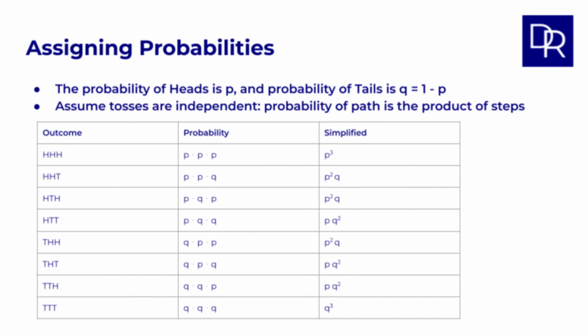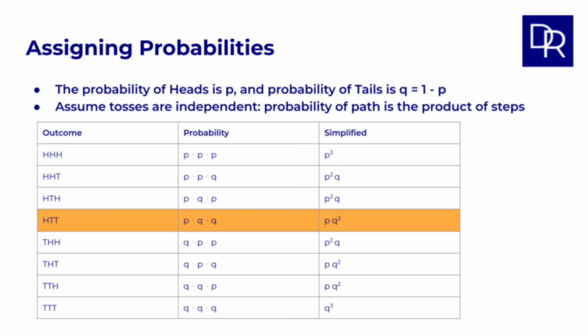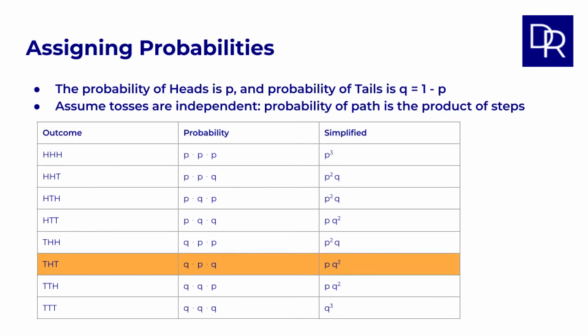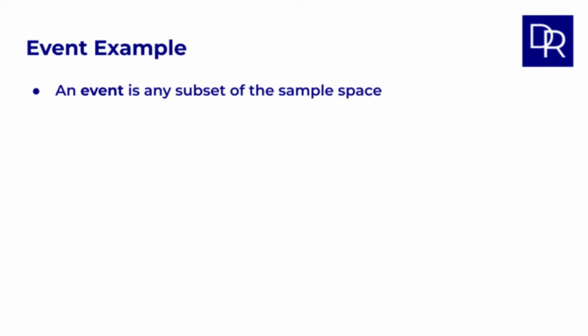For example, the probability of the outcome of 3 heads, HHH, is p times p times p, which simplifies to p cubed. Similarly, the probability of HTT is p times q squared, and the probability of THT is q times p times q, which is also p q squared.